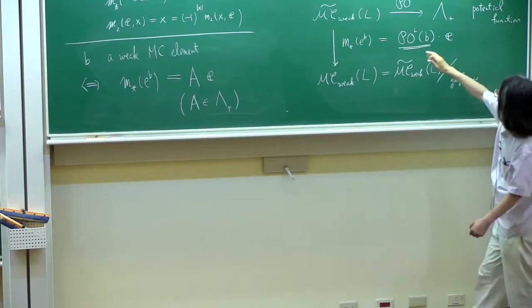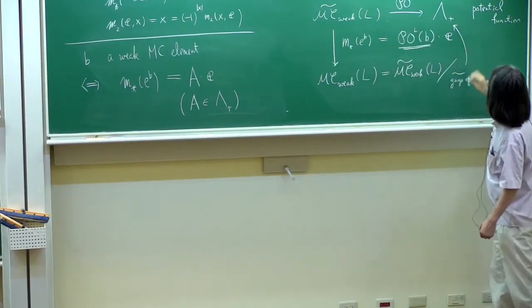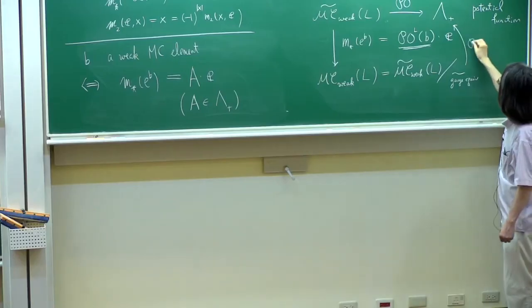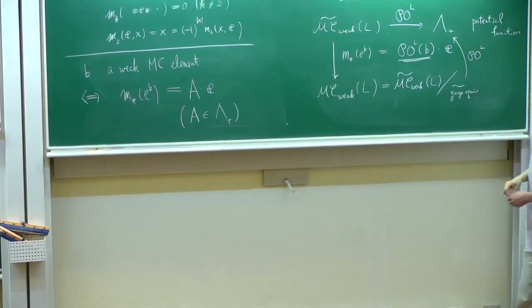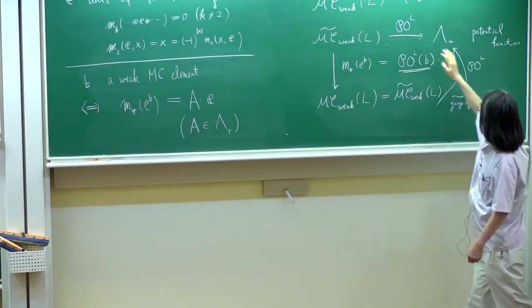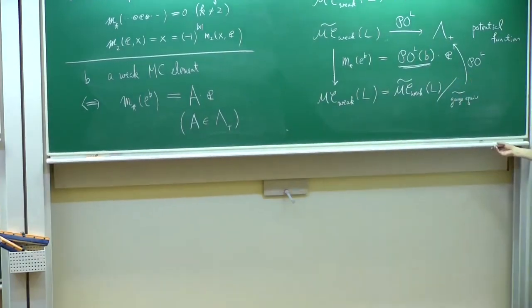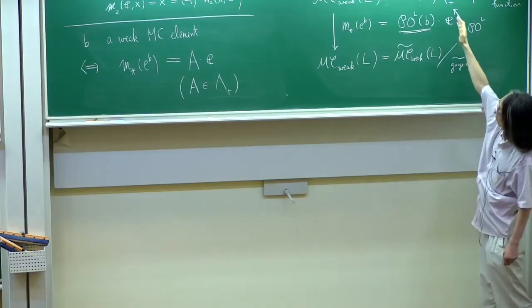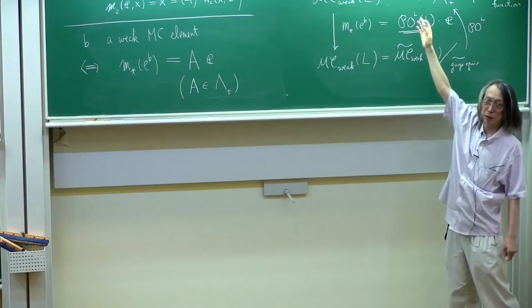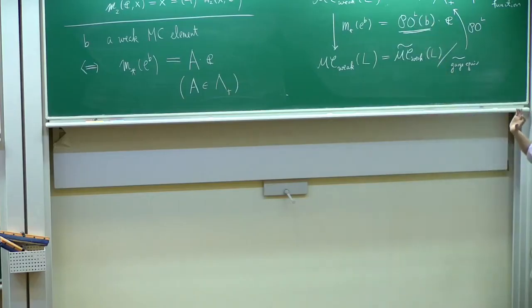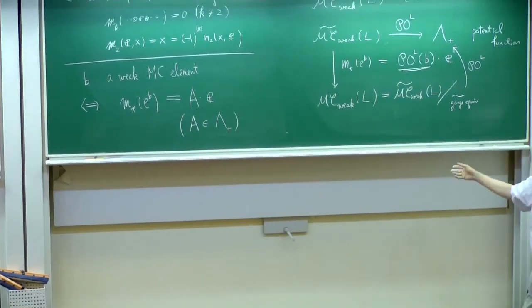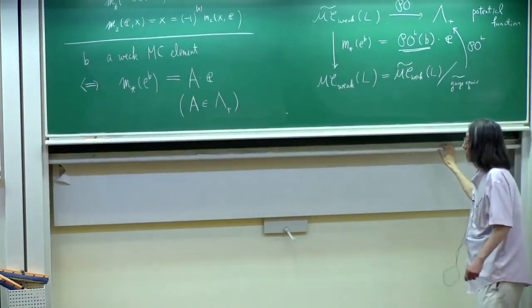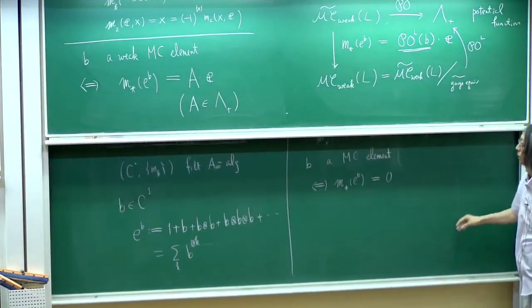And this one descends from here to here. So this one we also call the potential function of L, by abuse of notation. I think last time I just gave you the definition of weak Maurer-Cartan element as this potential function. And today I want to compute part of it in the special case of toric manifolds. Okay.